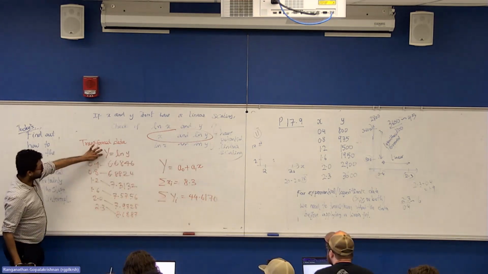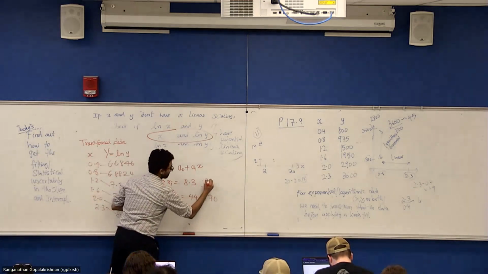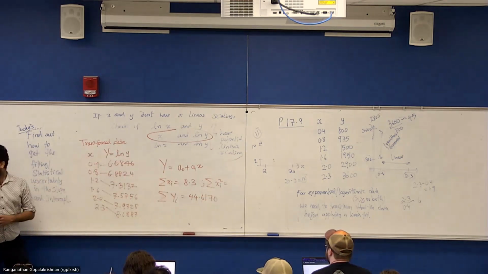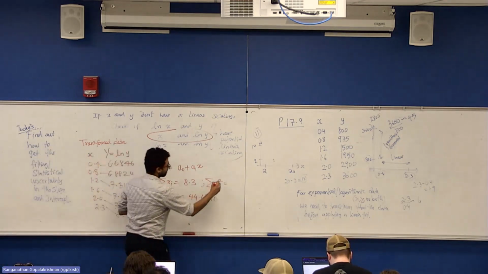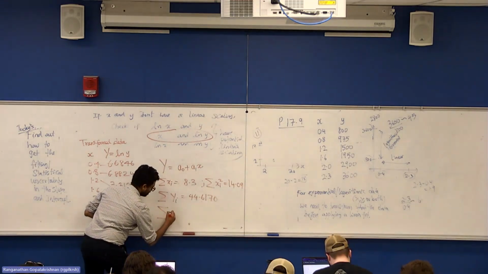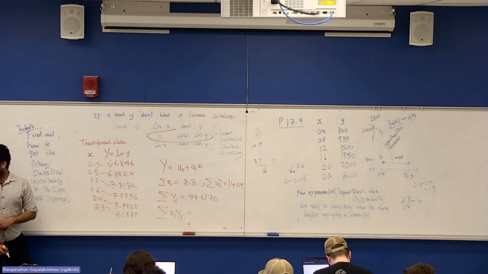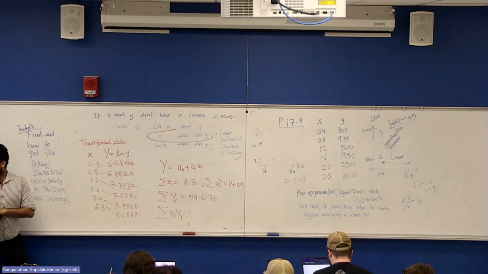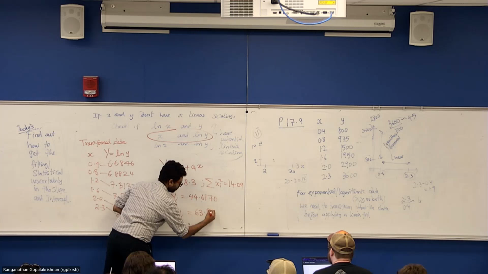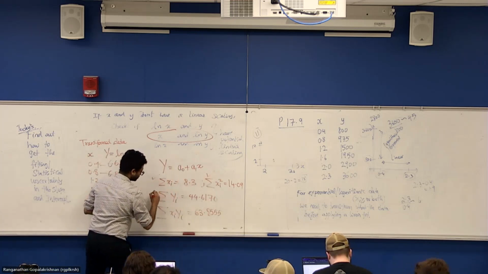Sigma yi, the uppercase Y, is 44.6170. Then sigma x squared is 14.09. And then sigma xi yi, uppercase Y, is 63.8555. All these will be given to you.